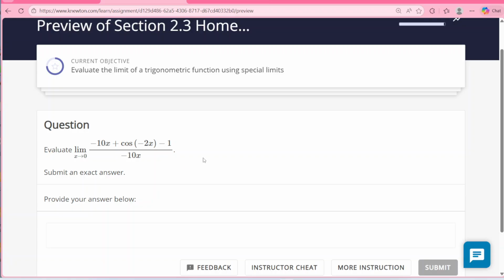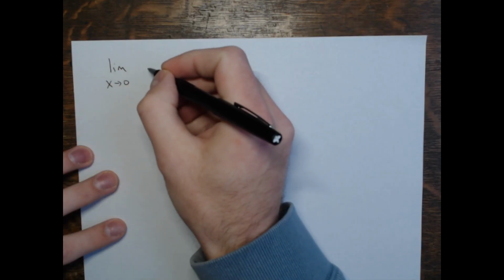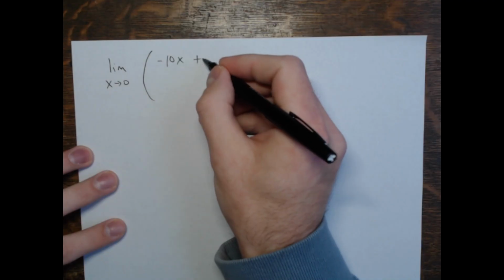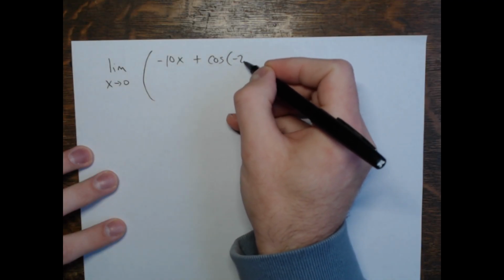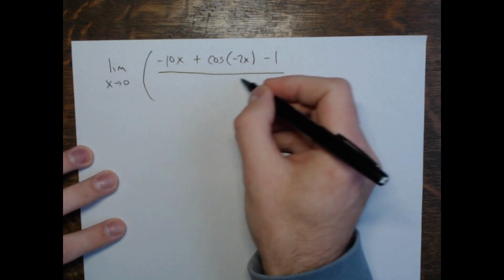All right, so watch. I'm going to split this up. So I'll show you how one of those special limits is used, right? This one will involve the 1 minus cosine or cosine minus 1, all divided by something, going to 0. The limit as x approaches 0 of negative 10x plus the cosine of negative 2x minus 1, divided by negative 10x.